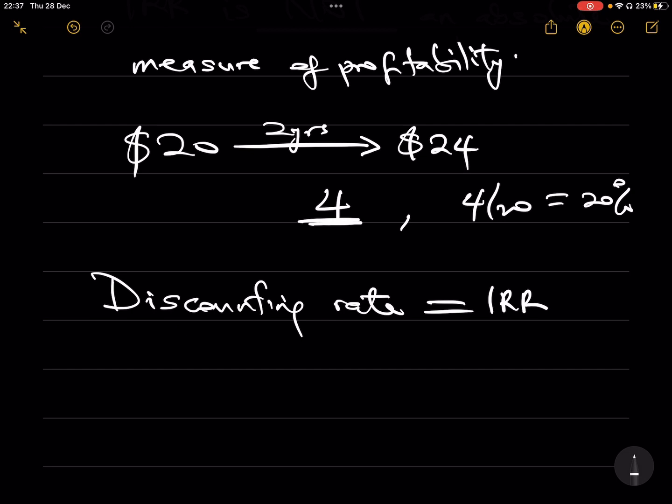And how do you get it? It's a discounting rate. I'm calling this a discounting rate.